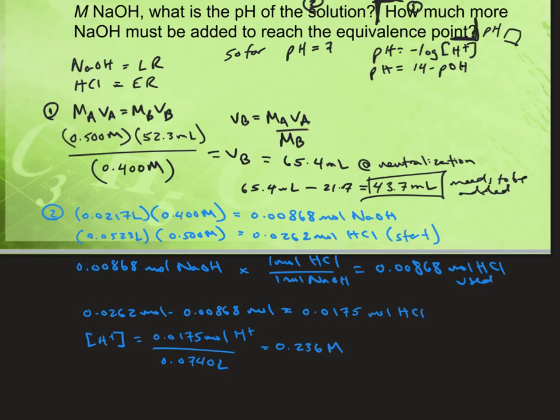And going all the way back to my equation for pH, it is negative log of the hydrogen ion concentration, which here we said is 0.236. That should give us a pH of 0.63. So it's still pretty acidic even after all of that.